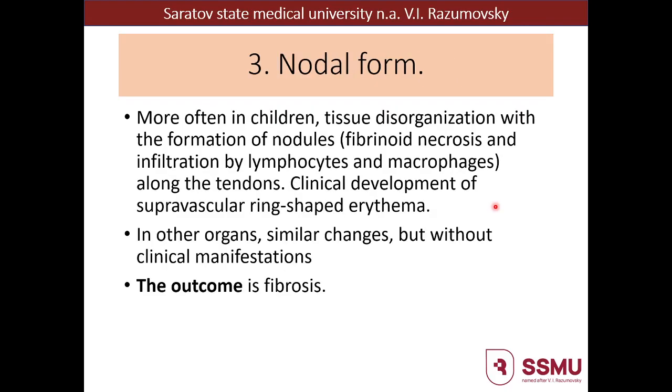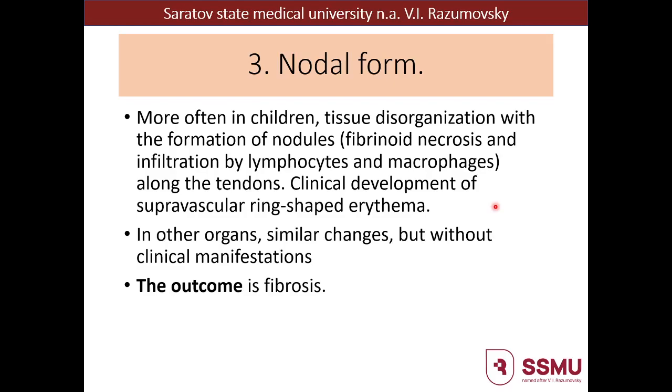The nodular form of rheumatism more often manifests itself in childhood and is associated with disorganization with formation of nodes, fibrinoid necrosis with inflammatory lymphocyte and macrophage accumulation along the tendons, and clinically the development of a supravascular ring-shaped erythema.